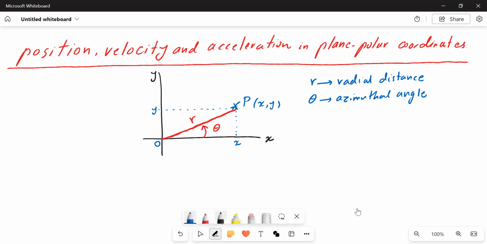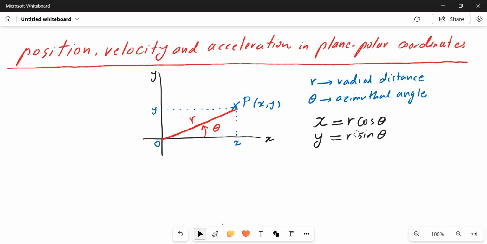With simple trigonometry, it's easy to show that the x coordinate can be written as r times cosine theta, and the y coordinate can be written as r times sine theta. So if you have the two polar coordinates r and theta, you can get the Cartesian coordinates through these equations.